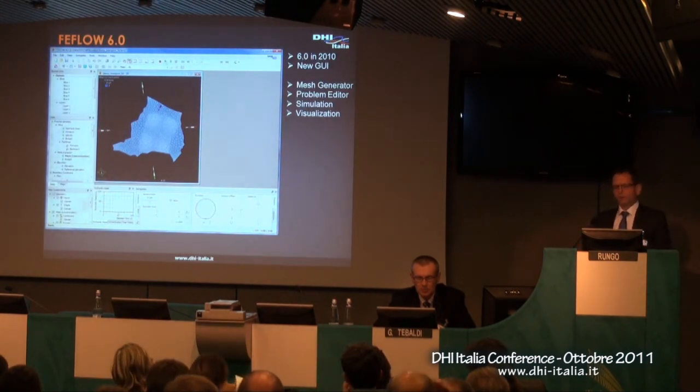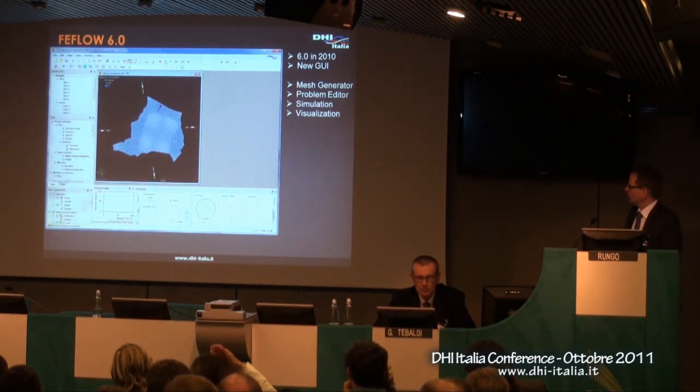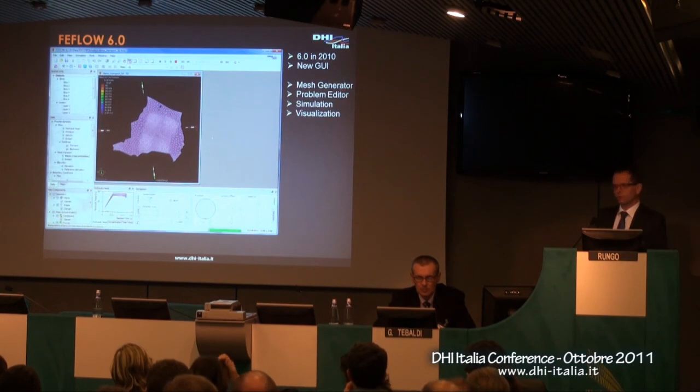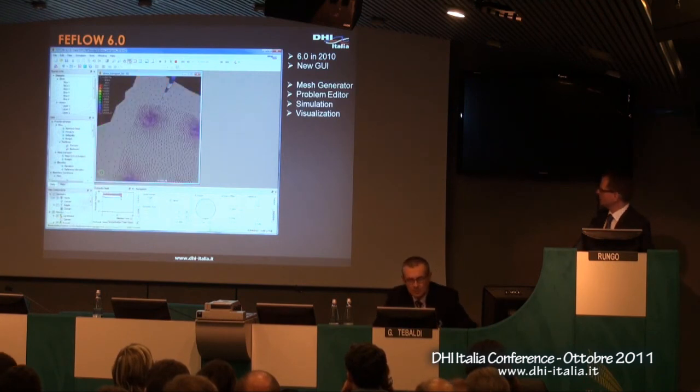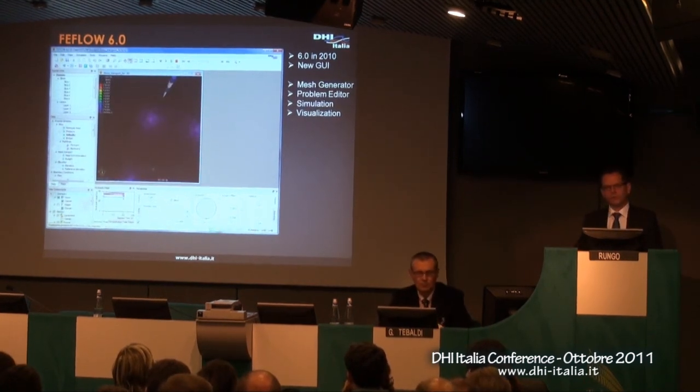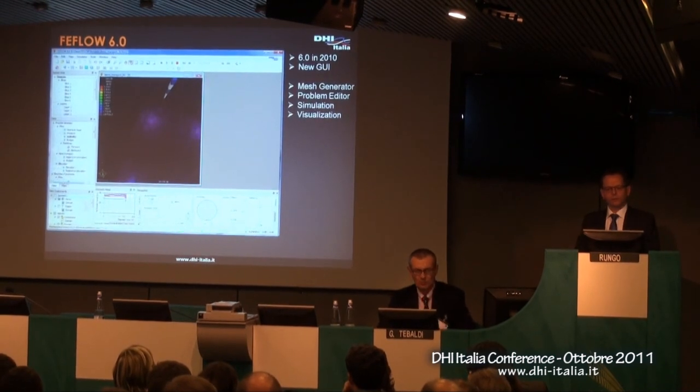One product that we will keep on its own, which is also a water resources product, is the FeeFlow. This was released in 2010, in version 6, with a brand new user interface, a whole new generation of FeeFlow.